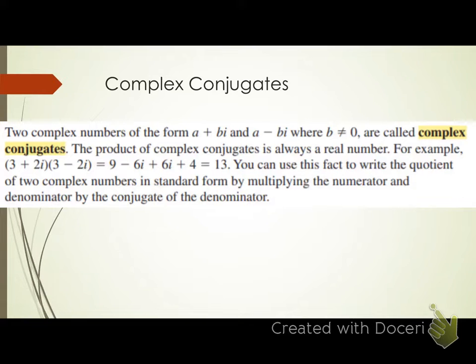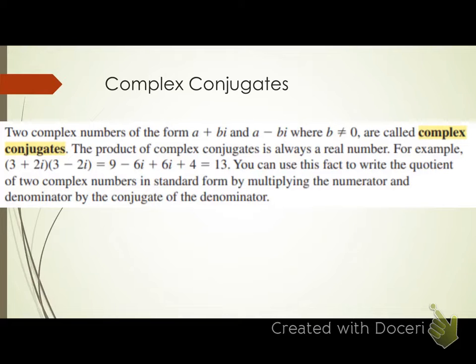So for example, if I have 3 plus 2i, 3 minus 2i, does everyone see how those are complex conjugates of each other? They have the same a value, same b value, one's a plus, one's a minus, right? If I multiply it, I'd use FOIL here. 3 times 3? 9. 3 times negative 2i?